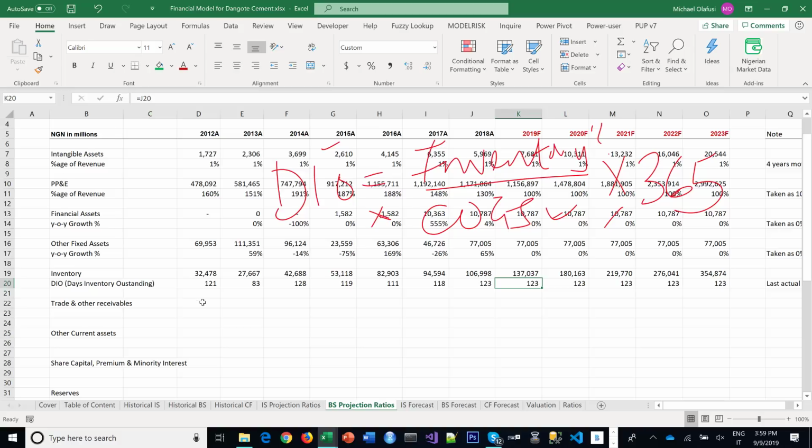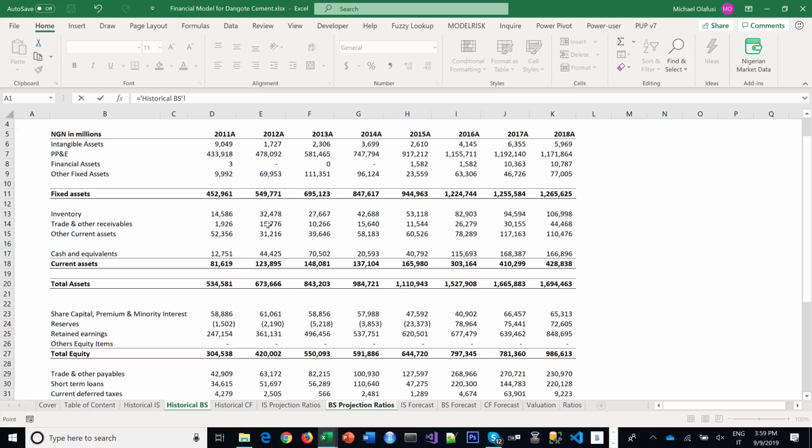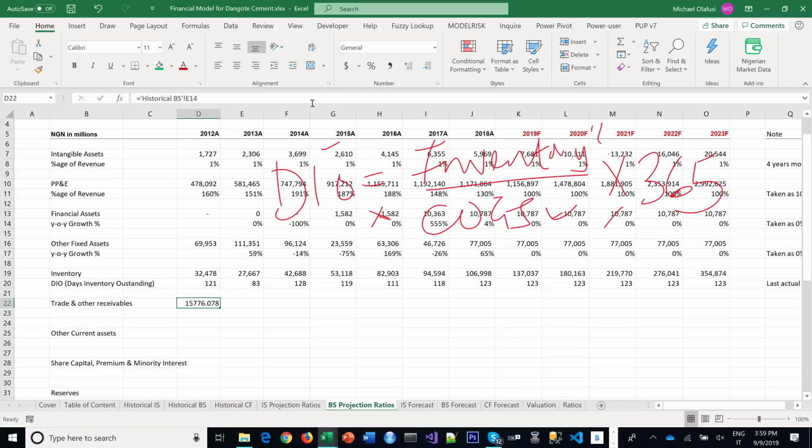And then I do for trade receivable also. So trade receivable, I also compute for the days sales outstanding. So typically, how long does it take Dangote to collect sales for revenue that have been booked?